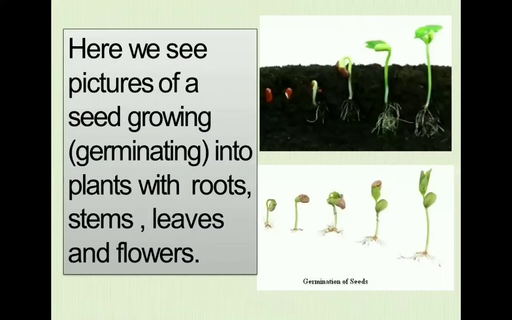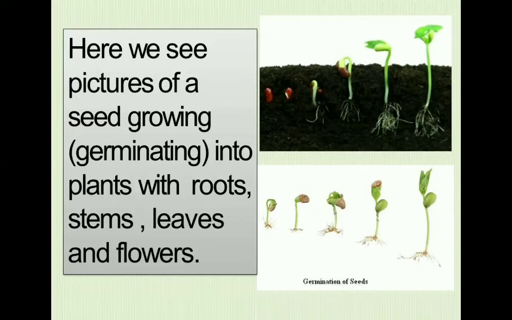Here we see pictures of a seed growing, germinating into plants with roots, stems, leaves, and flowers. In this picture, you can see a seed that is transforming into a plant.